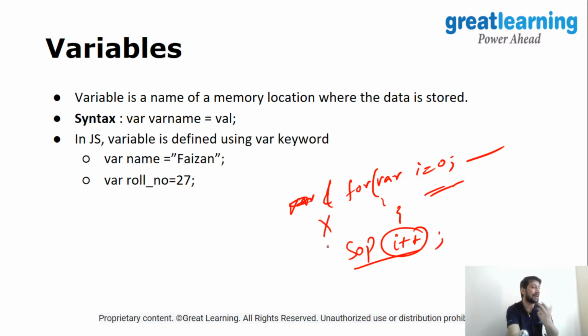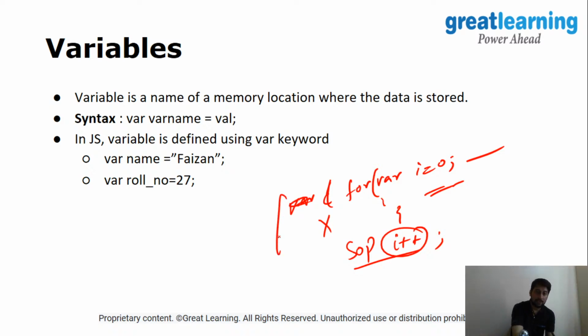Absolutely not. It will throw me an error saying, bro, what are you doing? This is not the scope of this variable, it has not been declared. But in JavaScript, when you're using a var, you can access it.